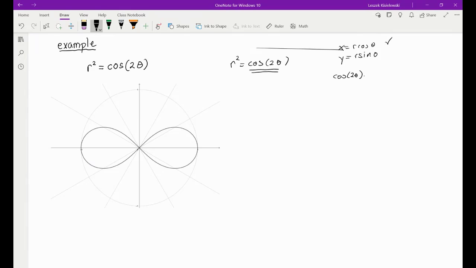We can recall the formula for cosine of 2 theta. That's equivalent to cosine squared of theta minus sine squared of theta. Okay, so let's rewrite that. And now to use our formulas, we'd want to multiply both sides by r squared.